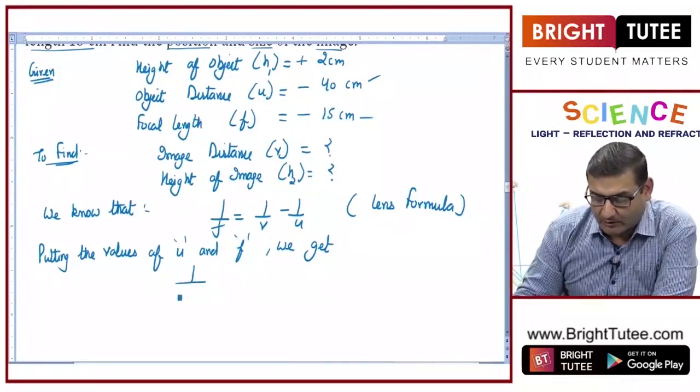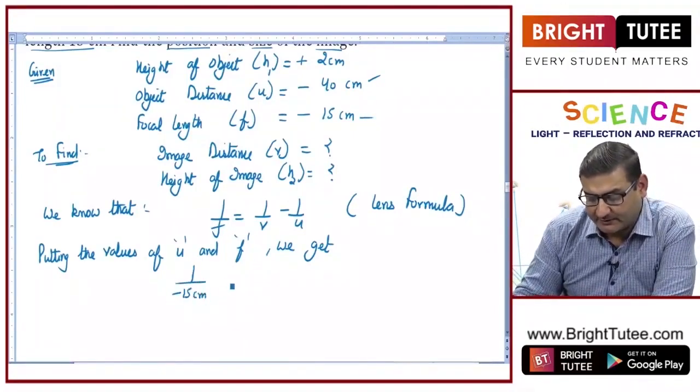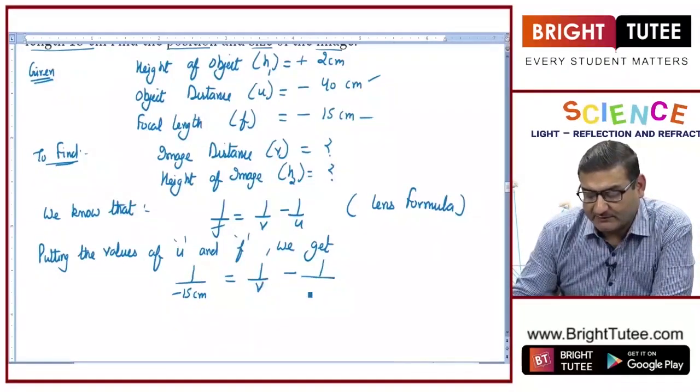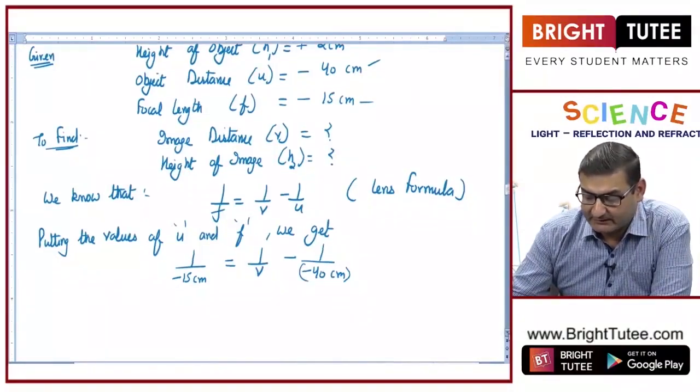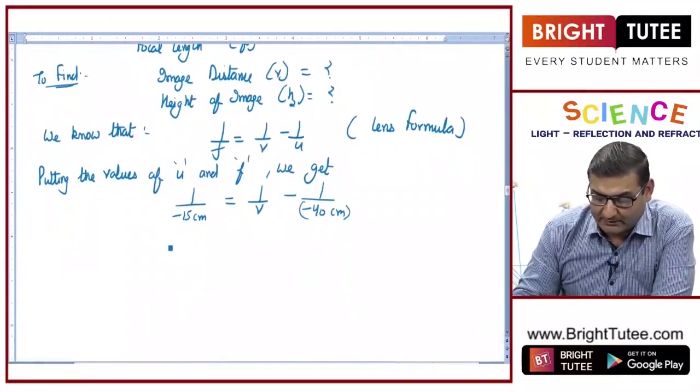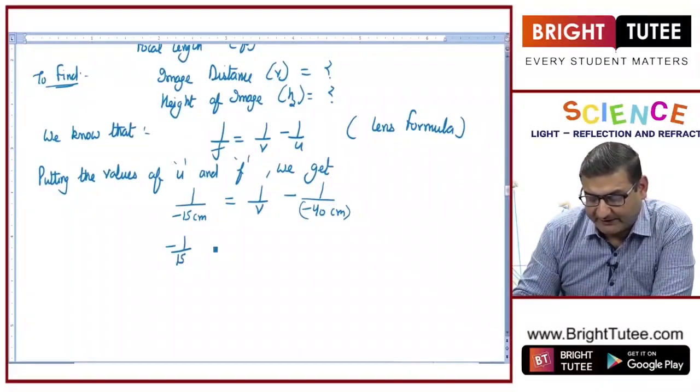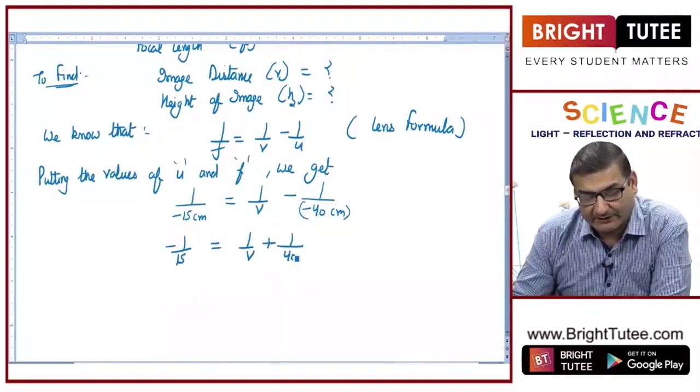So 1 upon minus 15 centimeters is equal to 1 upon v minus 1 upon u. U is minus 40 centimeters. Fine. Opening up, minus 1 by 15 is equal to 1 by v, minus and minus sign we know will become plus, plus 1 by 40.